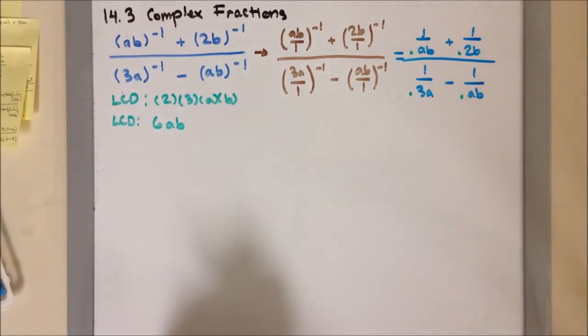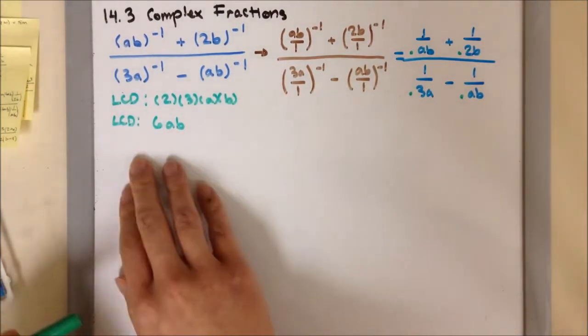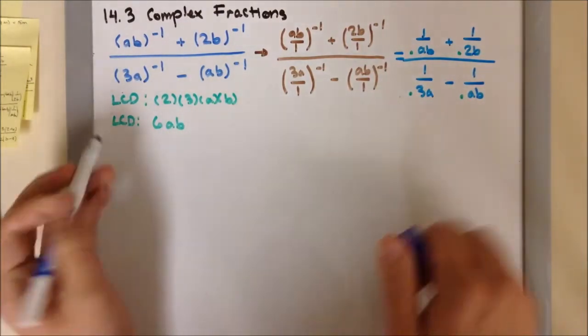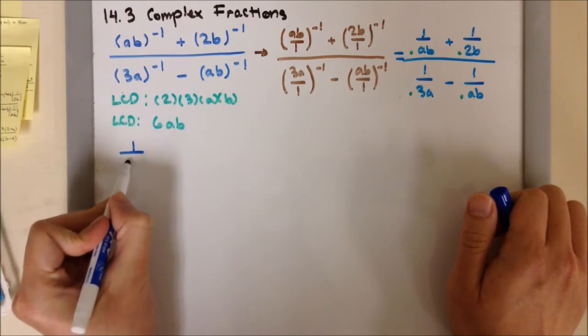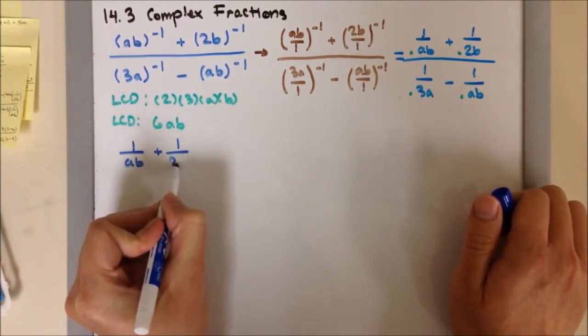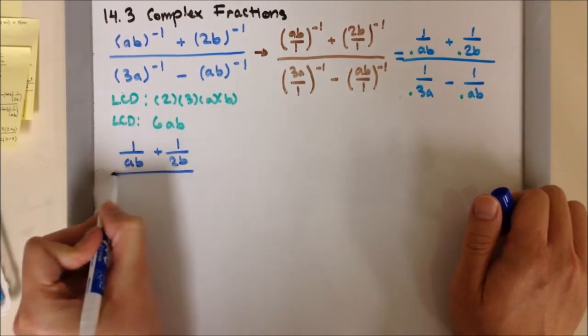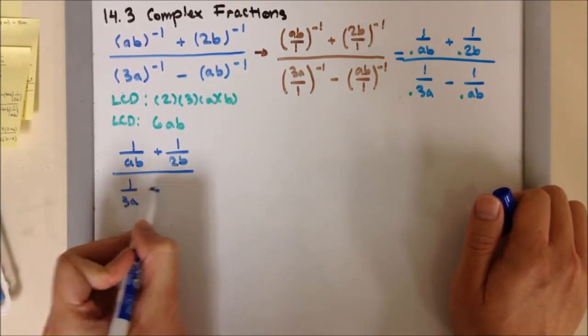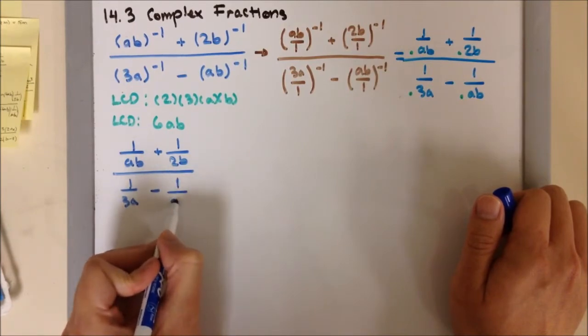So that's our LCD. Let me write down the complex fraction over here: 1 over AB plus 1 over 2B, over 1 over 3A minus 1 over AB.